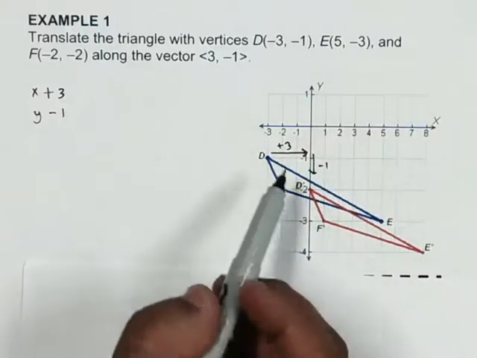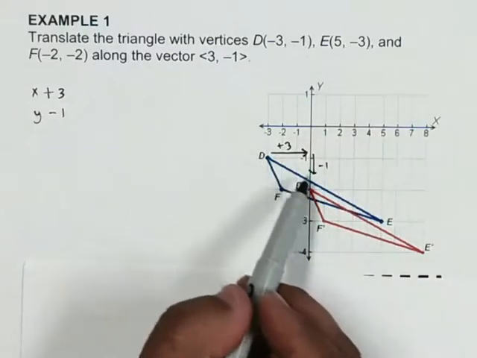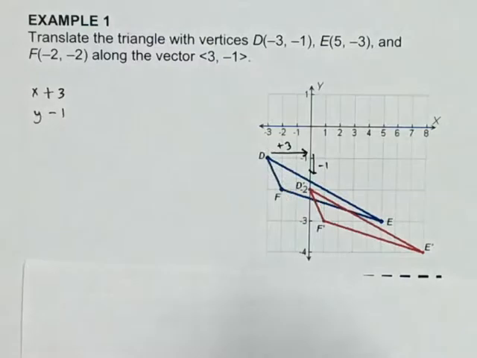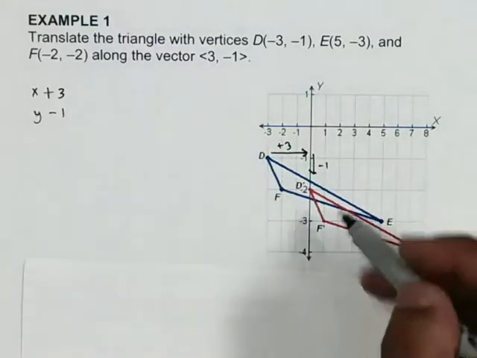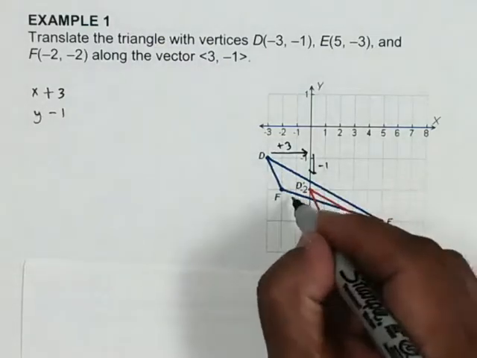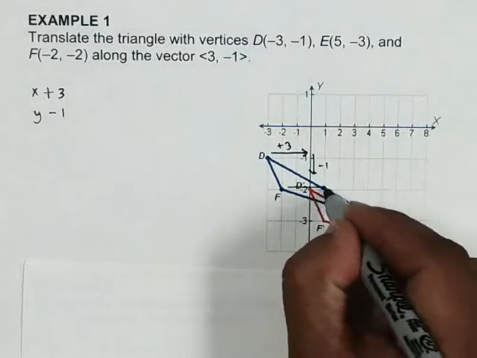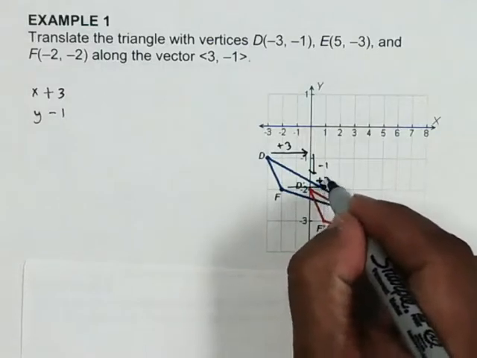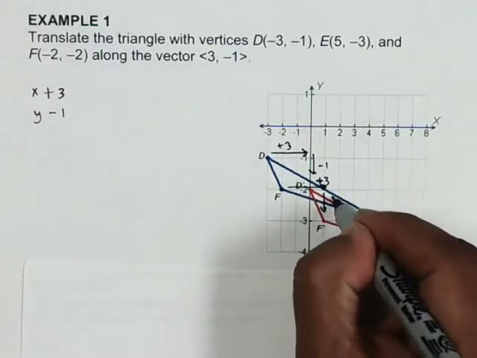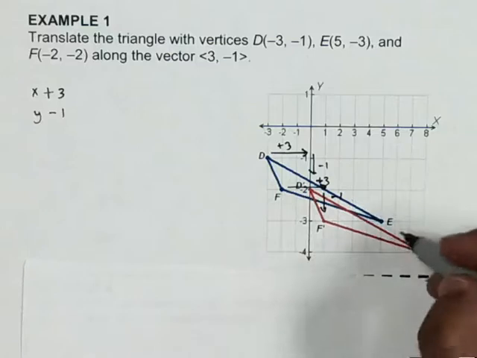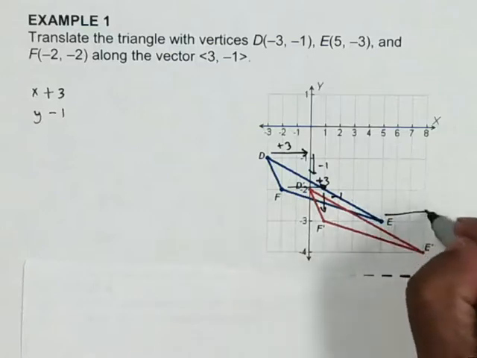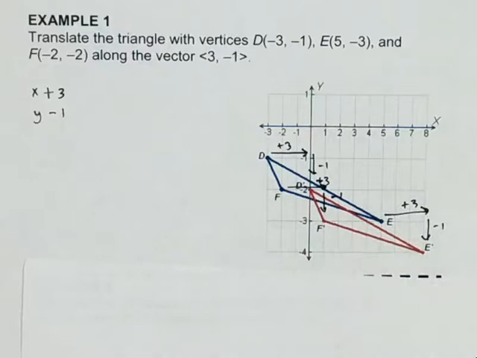Alright, so the vector change would be coming down this way, parallel. Same thing with F and F prime. We would go 3 units across and then 1 unit down. E, same thing, 3 units to the right, 1 unit down to get those coordinates.